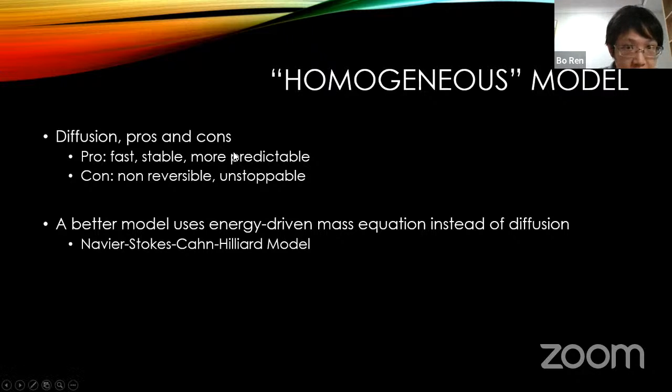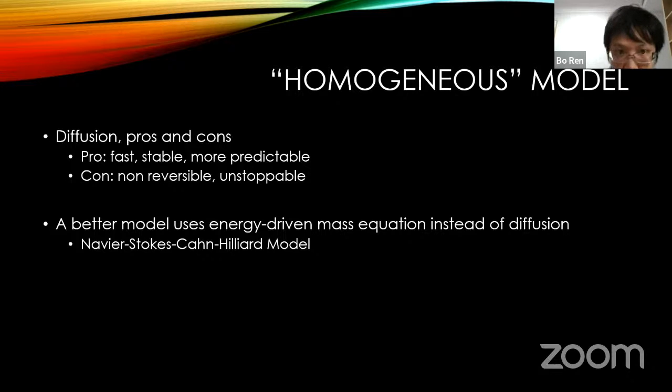Let's think about the simple diffusion model, the conventional simple diffusion model. What are the advantages and disadvantages of diffusion in our solver? Well, the pros are that diffusion is very fast.